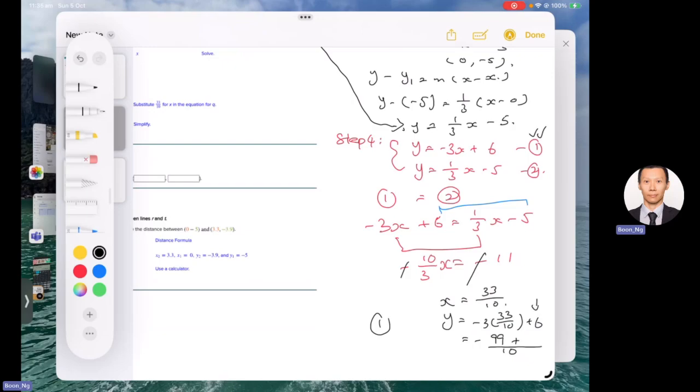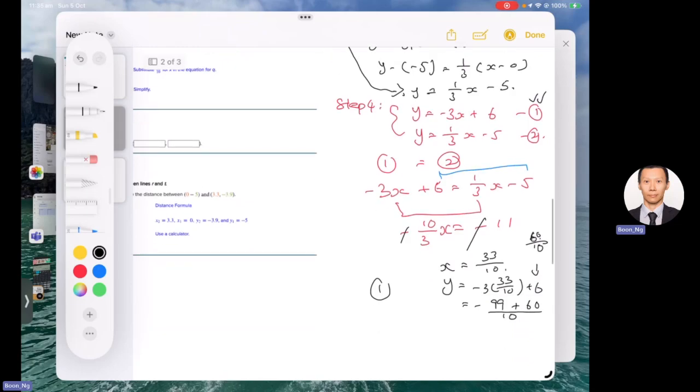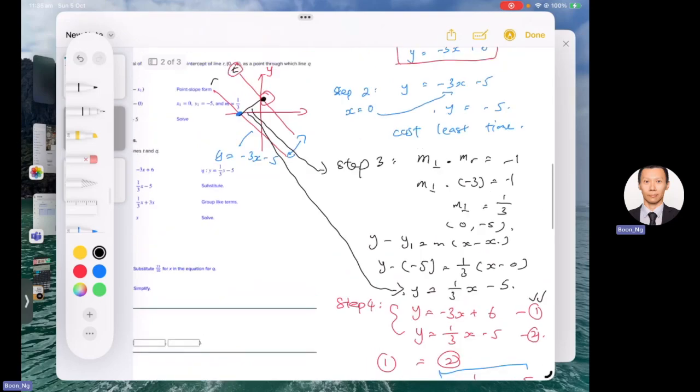I can rewrite 6 into 60/10, and then I can just replace this. The answer will be -39/10. So this coordinate is 33/10, -39/10.